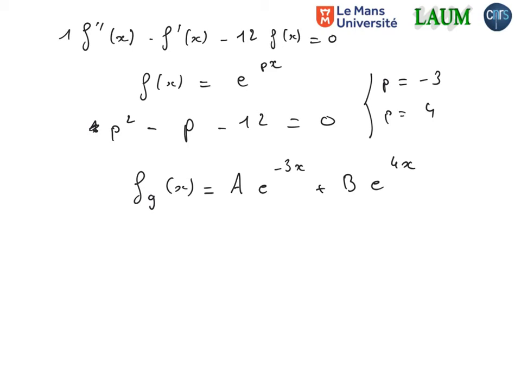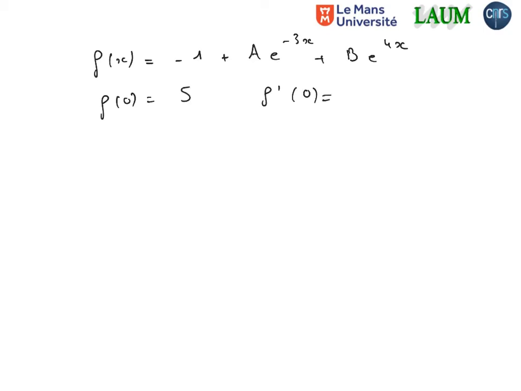So now my function f of x is my particular solution, minus 1, plus a e to the minus 3x plus b e to the 4x, and we have f of 0 equal to 5 and f prime of 0 equal to 17.